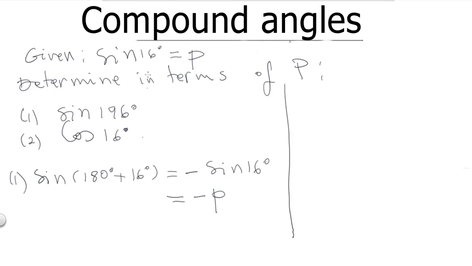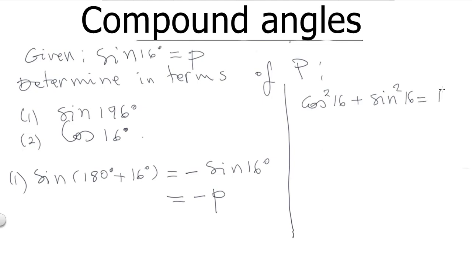Next question. We have sine of 16 degrees, so we have to evaluate cos 16 degrees. They are the same angle, so what we can do is cos squared 16 plus sin squared 16.